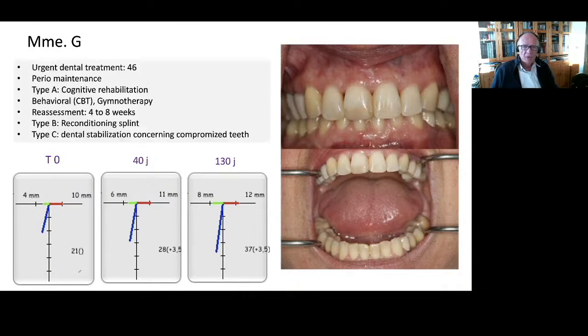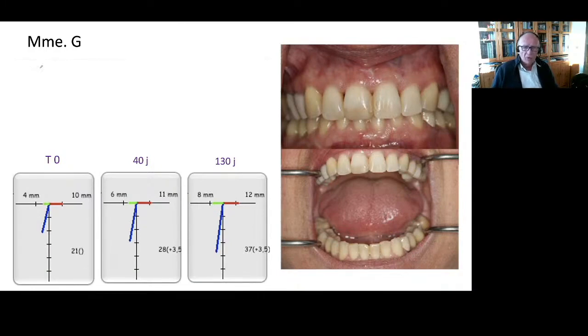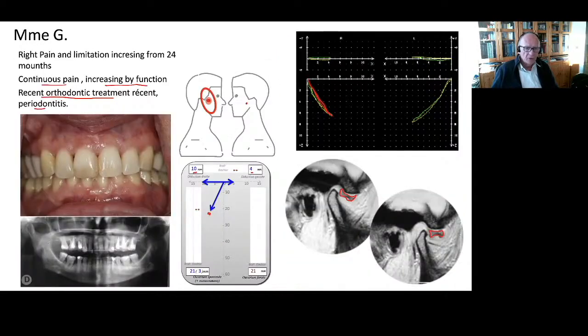What type of treatment? Emergency treatment first on these teeth. There is caries and problem of instability, occlusal instability.